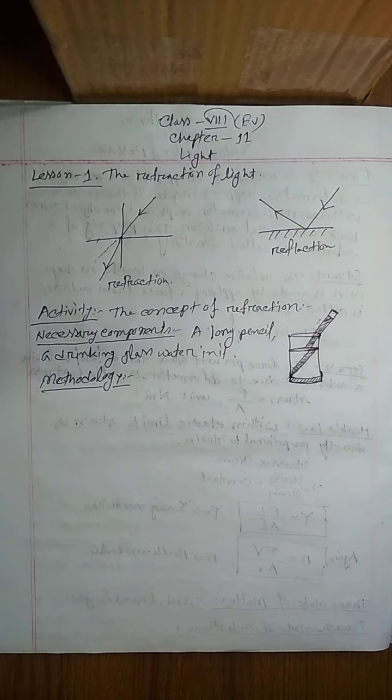Now put a pencil in the water-filled glass in an inclined way, like our figure. How does the part of the pencil under the water look? Observe the immersed part of the pencil and we try to understand the scenario.